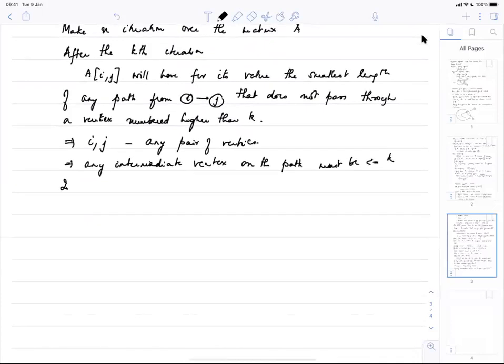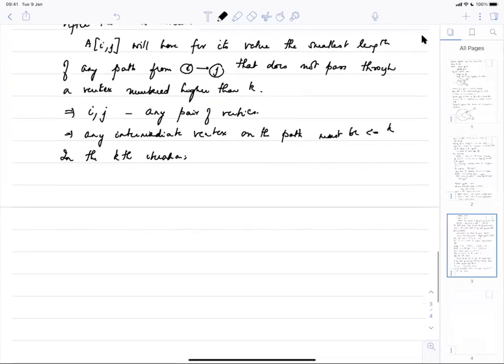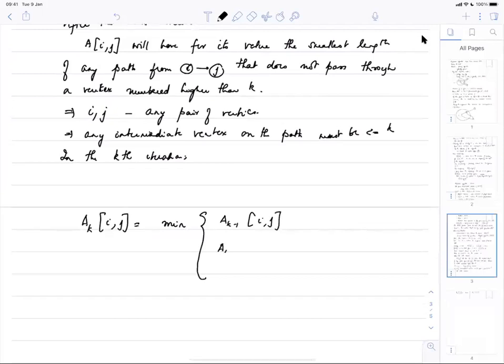What we do is, in the kth iteration, we do the following. A_k of i comma j equals min of A_{k-1} of i comma j, and A_{k-1} of i comma k plus A_{k-1} of k comma j.